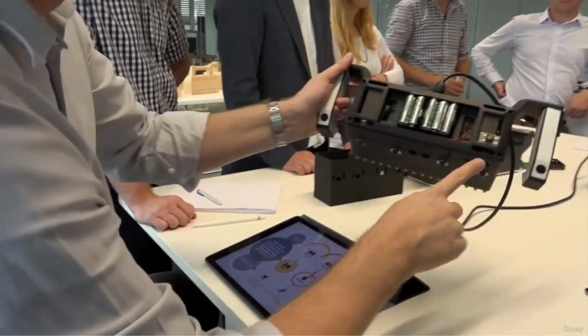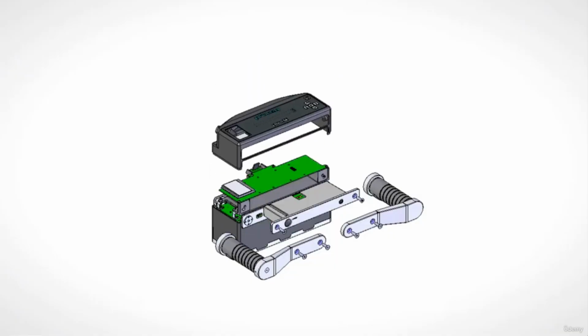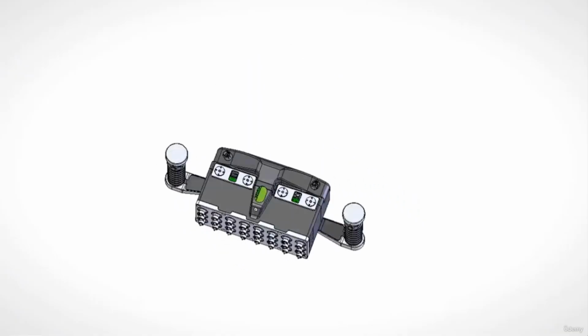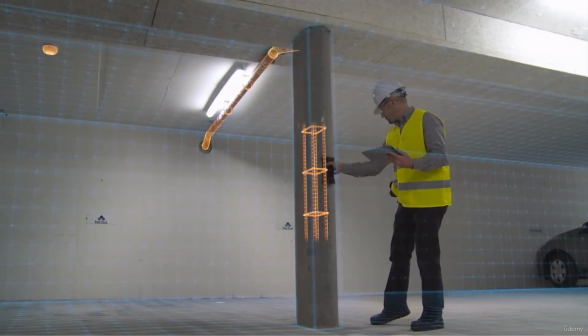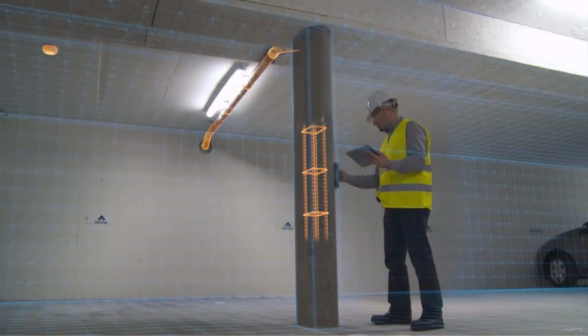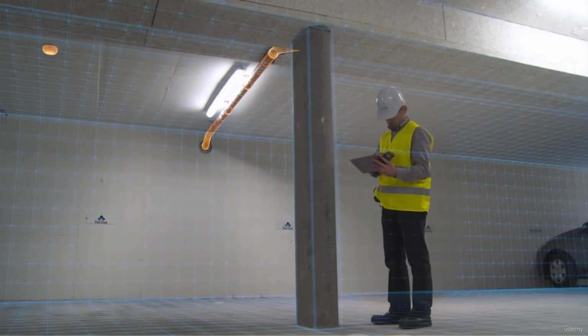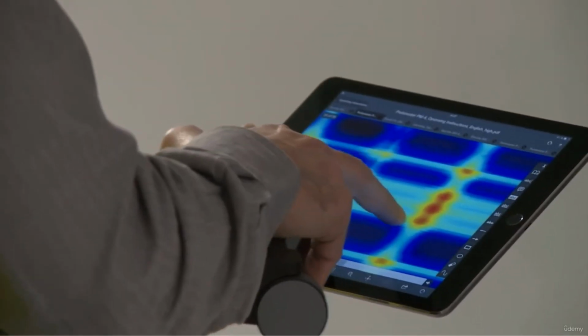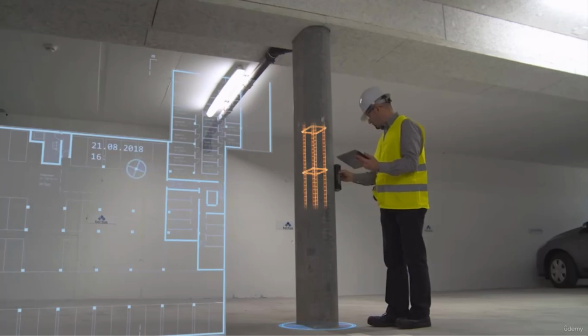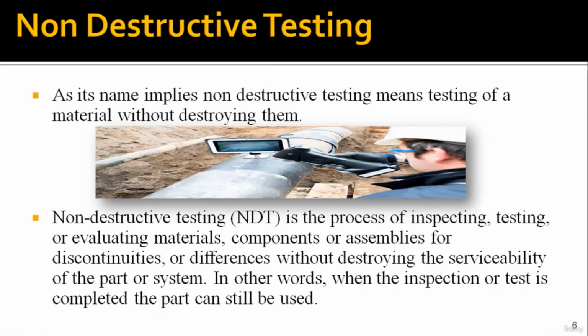Non-destructive testing is the process of inspecting, testing or evaluating materials, components or assemblies for discontinuities or differences without destroying them. Serviceability will remain the same before and after the inspection. It means you can use the parts again after the inspection.